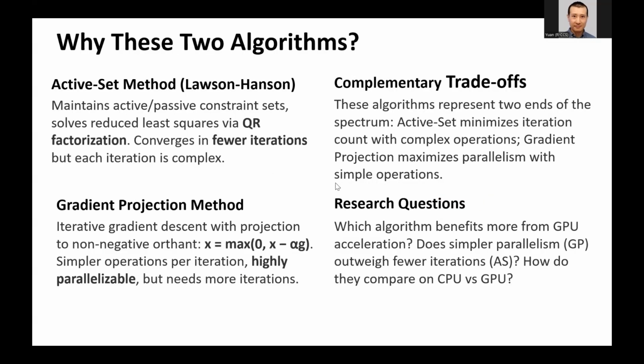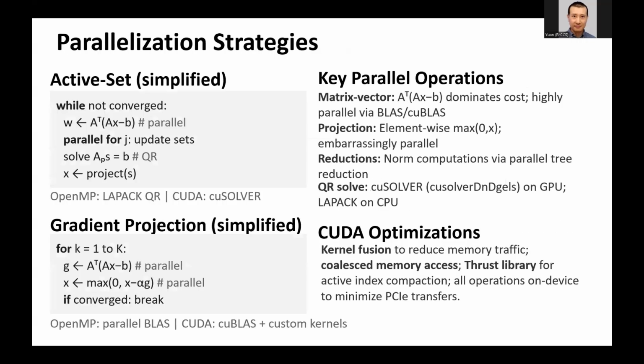For this particular study, we have tried to accelerate two algorithms. One is active set, the other is gradient projection. Our parallelization strategies are different for these two algorithms. For the active set method, showing the simplified pseudocode, we parallelize the gradient computation and the set update loop.